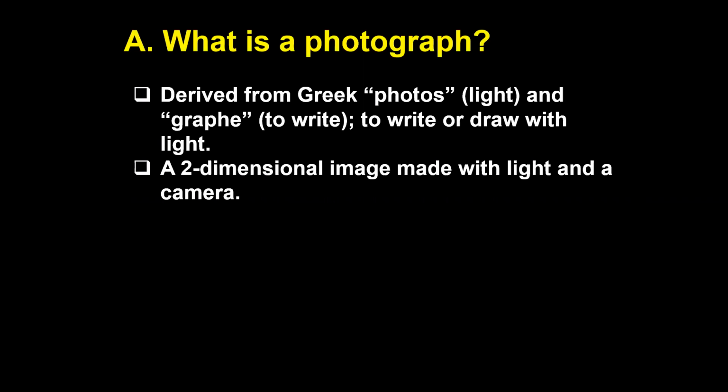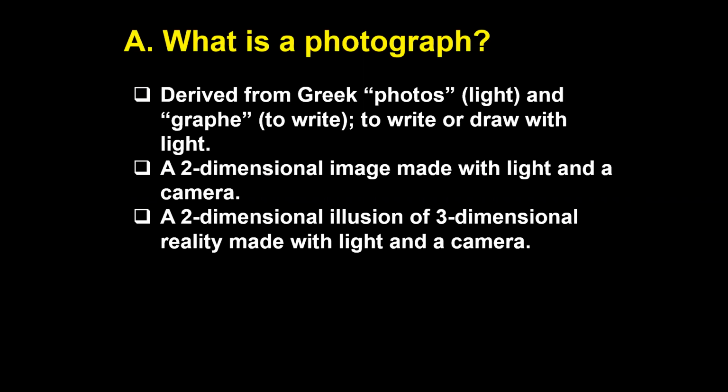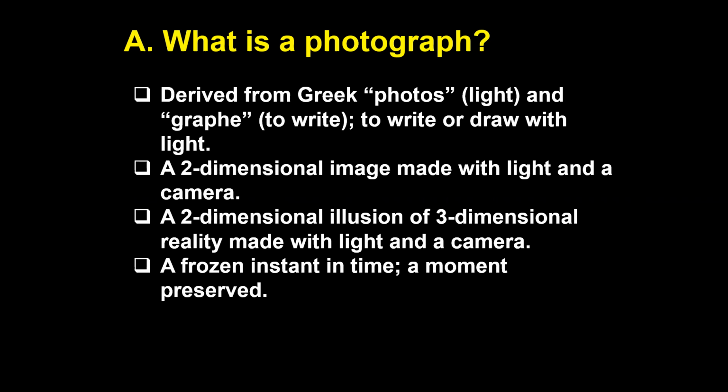Another way of looking at a definition of a photograph, it's a two-dimensional image made with light and a camera. And another thing that you can say is that it's a two-dimensional illustration or illusion of a three-dimensional reality made with light and a camera. And another way of looking at it, it's a frozen instant in time or a moment preserved.